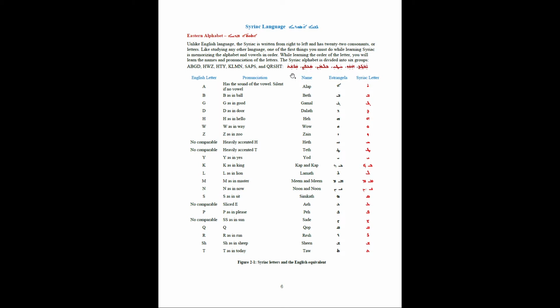Unlike English, the Syriac language is written from right to left. And right to left applies even in talking. For example, when you say good teacher in English, you say the adjective first and then the noun second: good teacher.